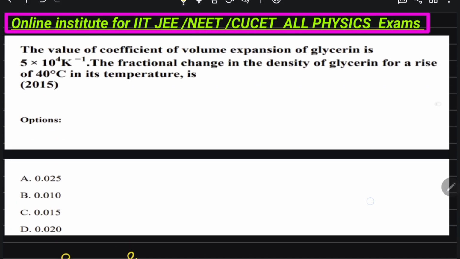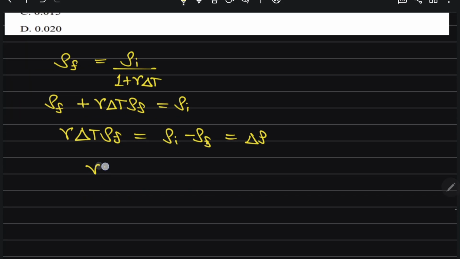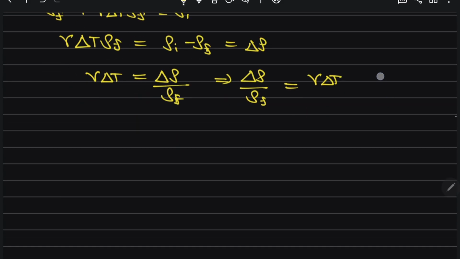What they are asking, the fractional change in density, means delta rho by rho final, which is equal to gamma delta T.